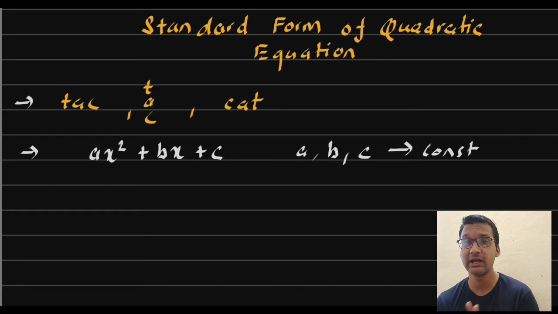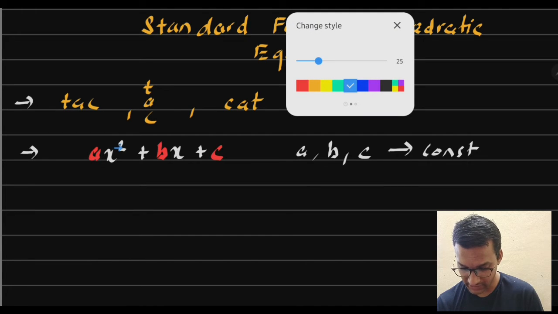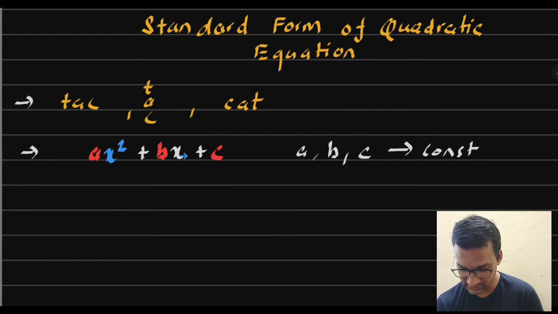Whereas x square and x are not going to be numbers, they are variables. So a, b and c are constants, whereas x square and this x are going to be variables.